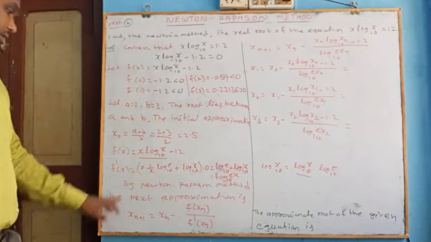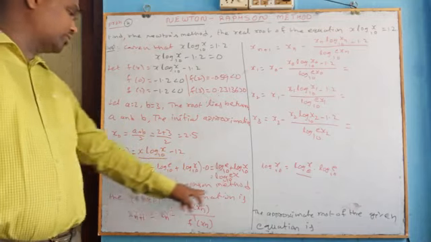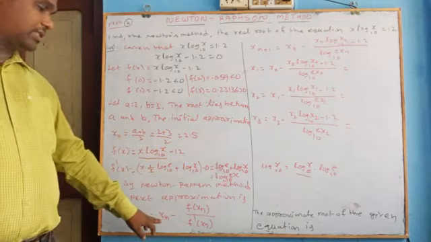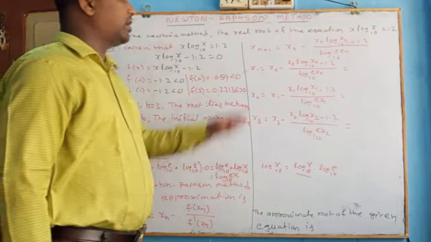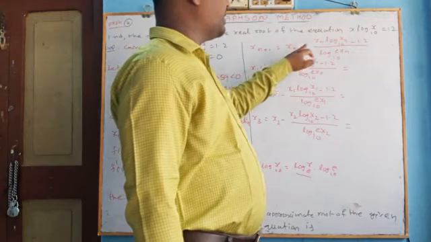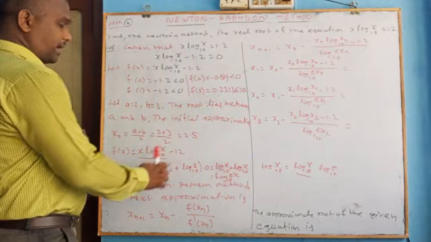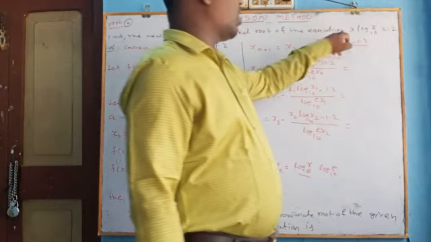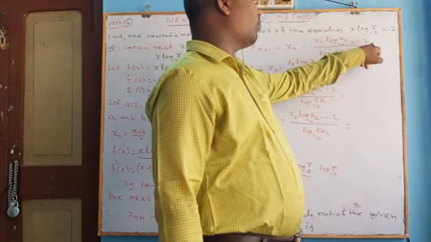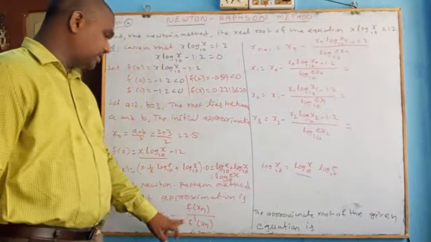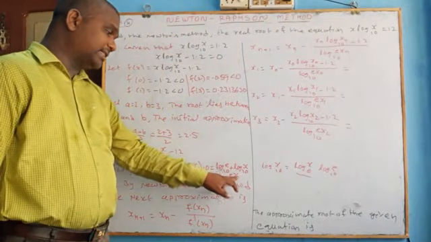By the Newton-Raphson method, the next approximation is xn plus 1 is equal to xn minus f of xn by f dash of xn. What is f of xn? It is xn log xn base 10 minus 1.2, divided by f dash of xn, which is log exn base 10.